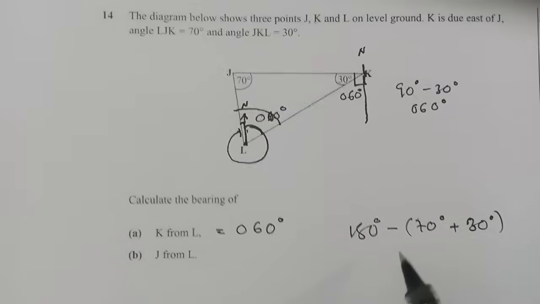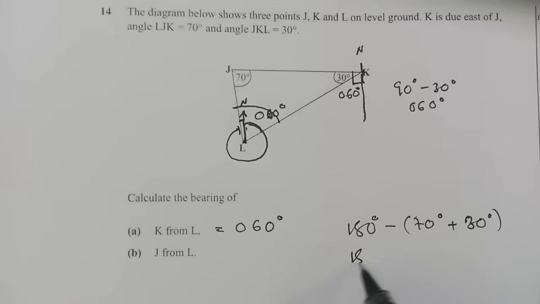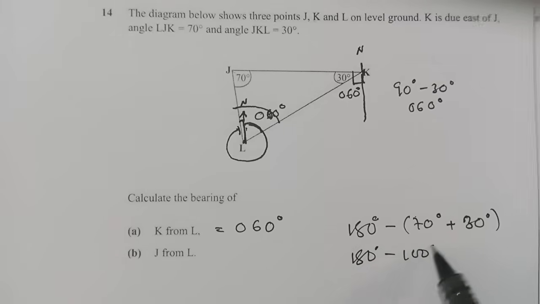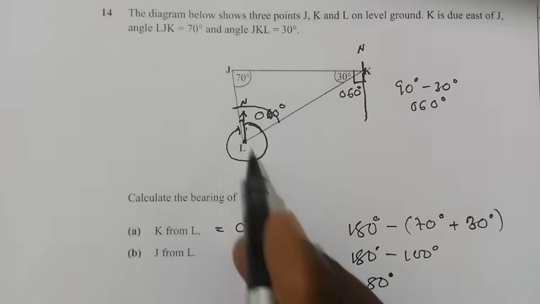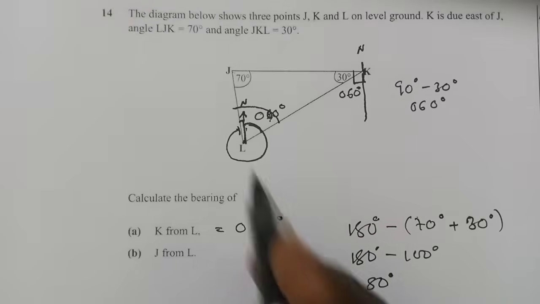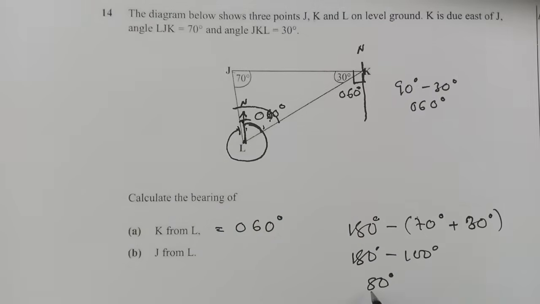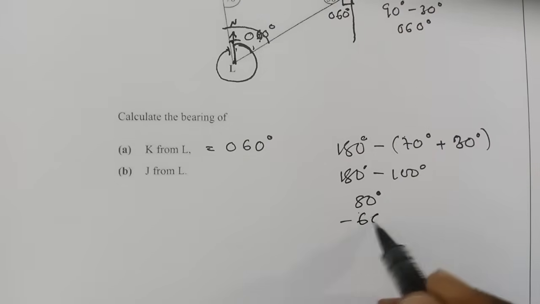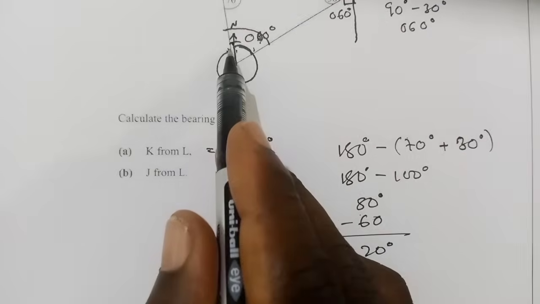Okay, so what are we getting? We are getting 180 minus 100 degrees. This is 100, which is equal to 80. So we know that the entire angle inside here is 80, and we found this to be 60. So for us to find this remaining angle, since we have this 60, we can say 80 minus 60, which is giving us 20 degrees.